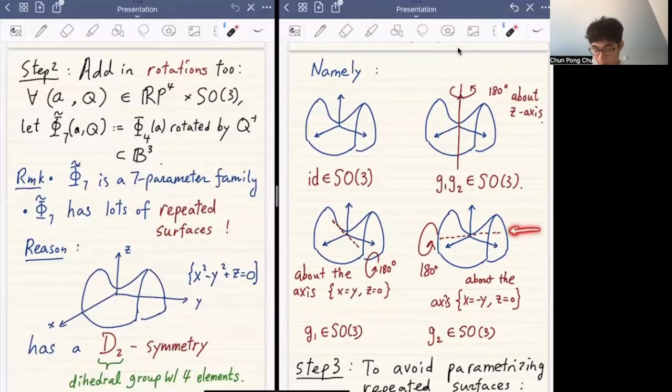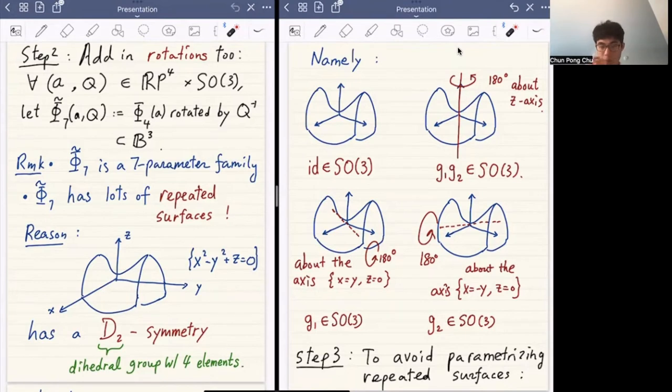And similar for this axis here. The conclusion is that almost everything in phi 7 tilde is repeated 4 times, because of this D2 symmetry.